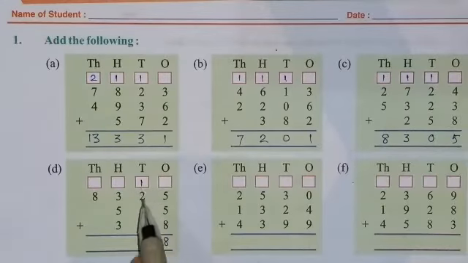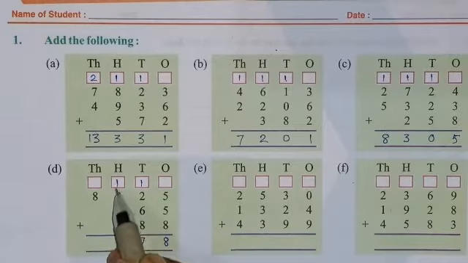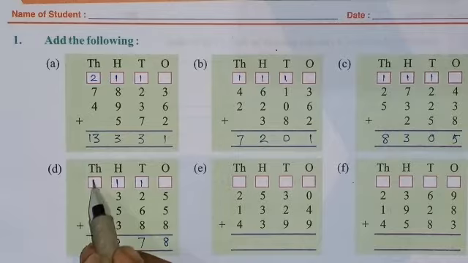See the next question, and the question D is given. 5 and 5, 10, 10 and 8, 18. So 8, carry over 1. Here 1 and 2, 3, 3 and 6, 9, 9 and 8, 17. 7 carry over 1, 1 and 3, 4, 4 and 5, 9, 9 and 3, 12, 2 carry over 1, 1 and 8, 9.